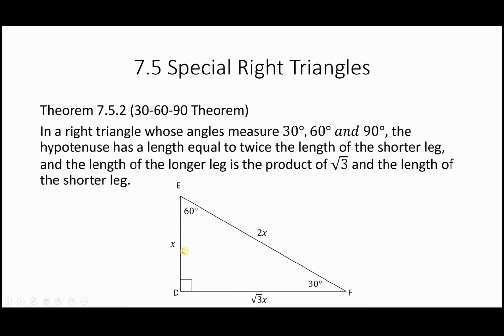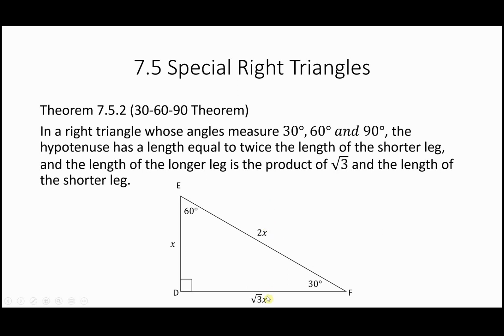So there's a relationship that's definitely in play here. If you ever have a right triangle whose leg length and hypotenuse have this, if you double the leg length, you get the hypotenuse length, then you know you have a 30, 60, 90. We'll talk about that a little bit later in a relevant example that's coming up.